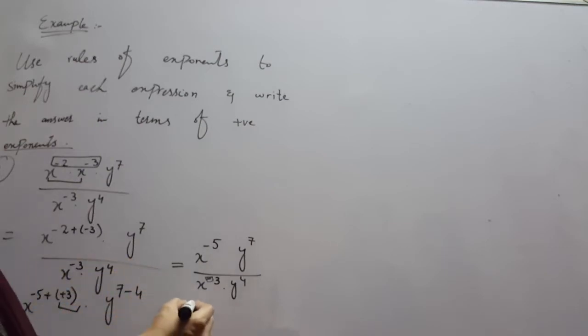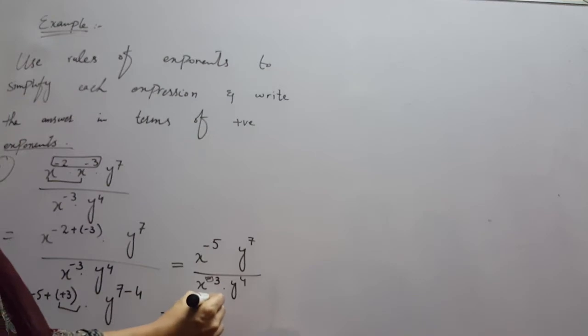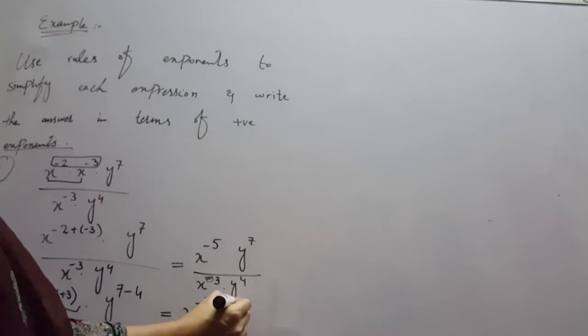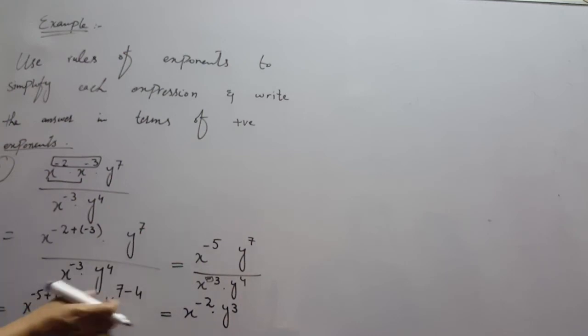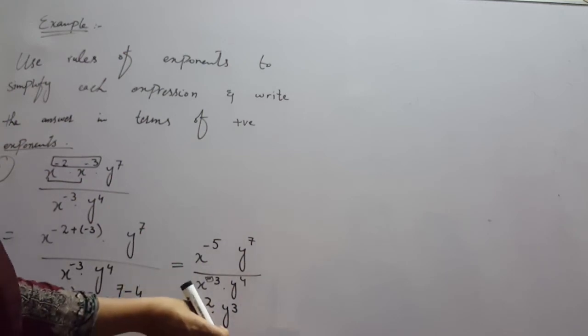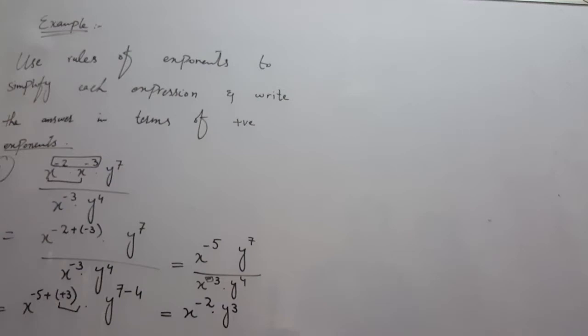So the answer is x raised to power minus 2 and y raised to power 3, because 7 minus 4 is 3 and minus 5 plus 3 is minus 2. We have no need to write plus; if we do not write a sign, it is obviously plus.